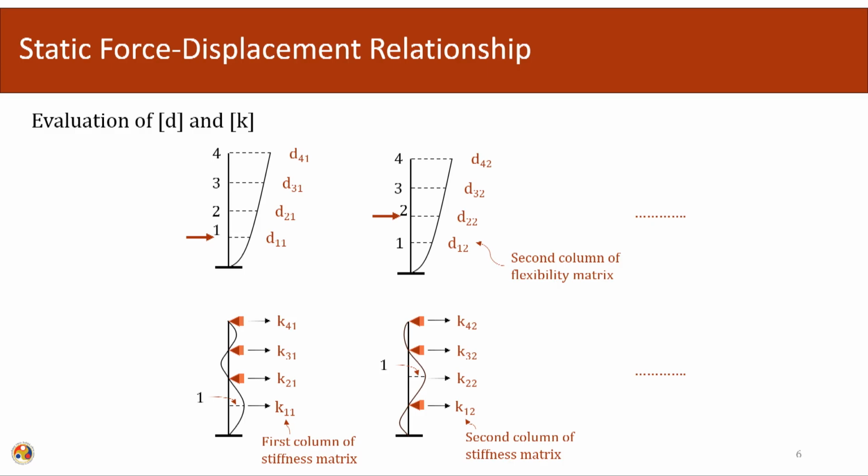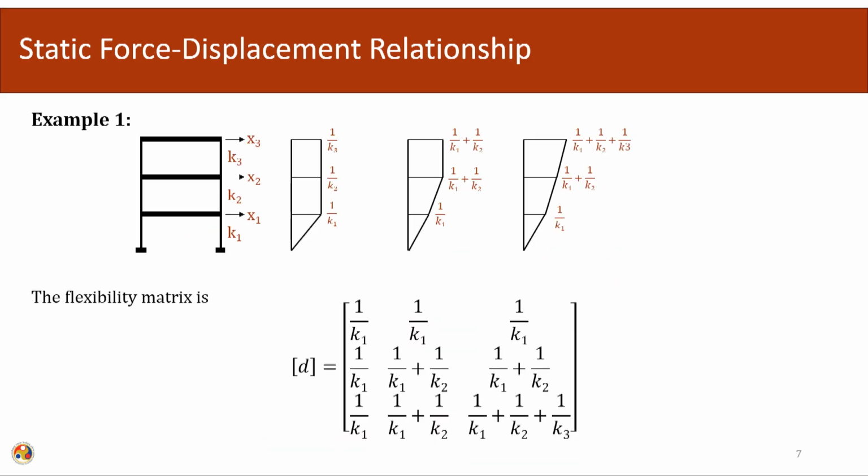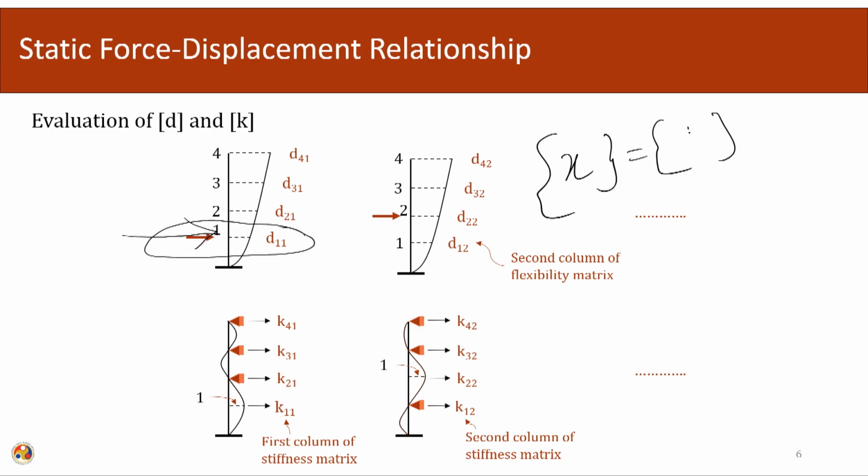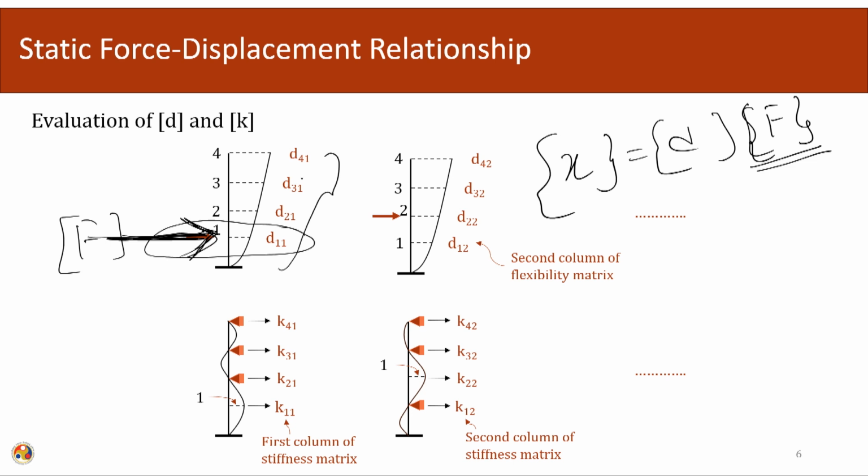So, evaluation of K and D, how to calculate K and D. We will see how to calculate the value of K and D. In order to calculate the first value of D, what we do is we apply a force. So, for calculating D, at joint 1, at degree of freedom 1, we apply the force and we calculate the flexibility here.